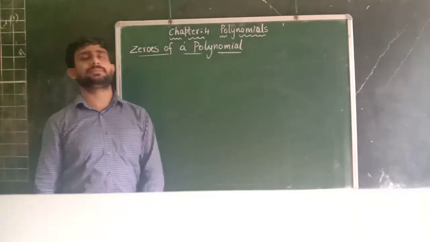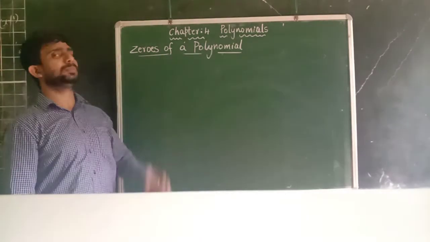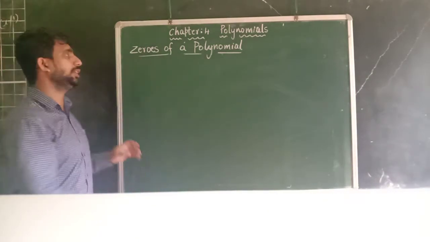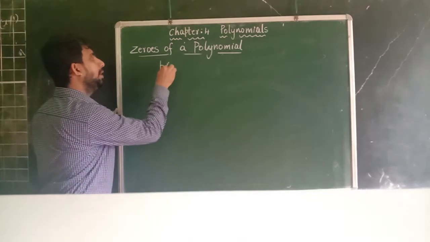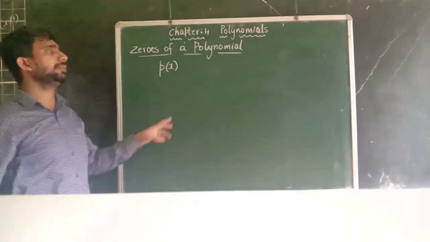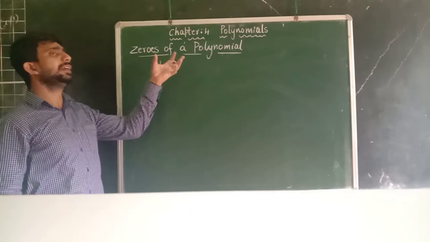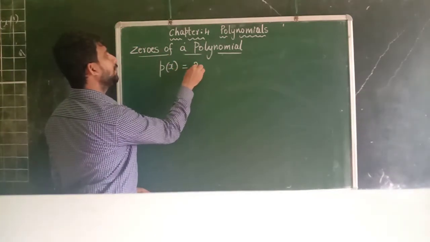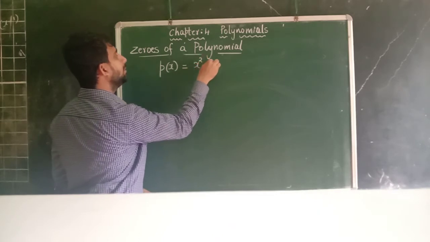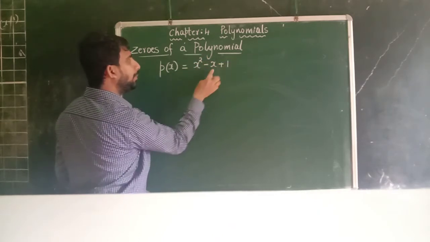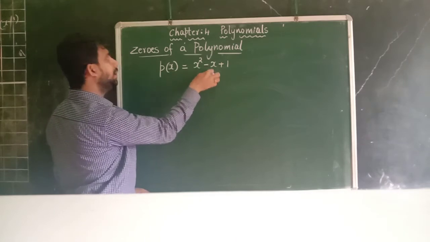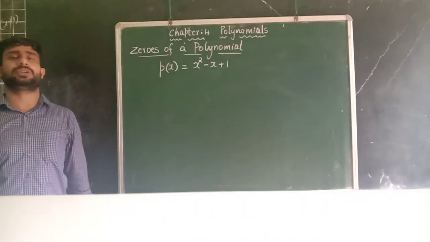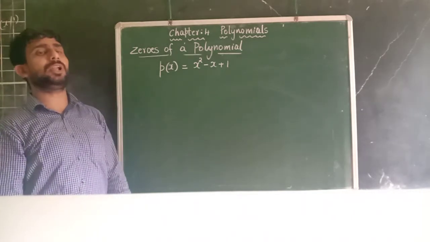Now the next concept of that lesson is zeros of a polynomial. A polynomial of variable x is denoted as p of x. See how it is written: when we say polynomial of x, the variable there is x. For example, x square minus x plus 1 is a polynomial having variable x. Now what is the meaning of zeros of the polynomial? What do we call zeros of the polynomial?